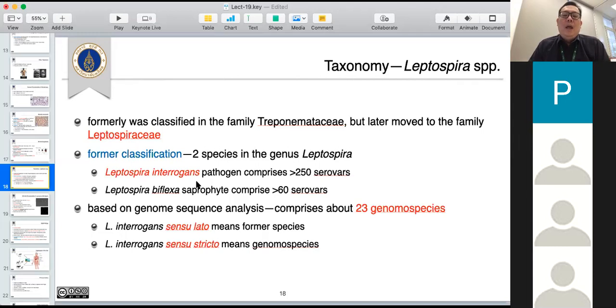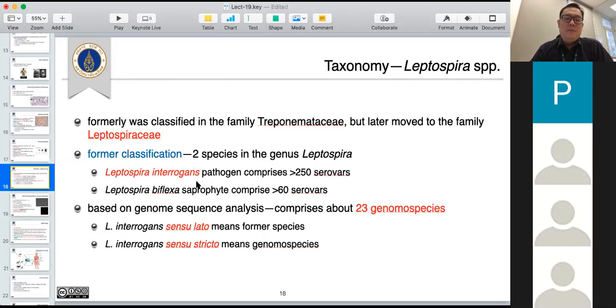Okay, in 23 genomic species of Leptospira, they still name Leptospira interrogans. That makes the field of scientists so confused. Like when I say Leptospira interrogans, I don't know if you mean Leptospira in the classical classification or Leptospira interrogans for genomic species.